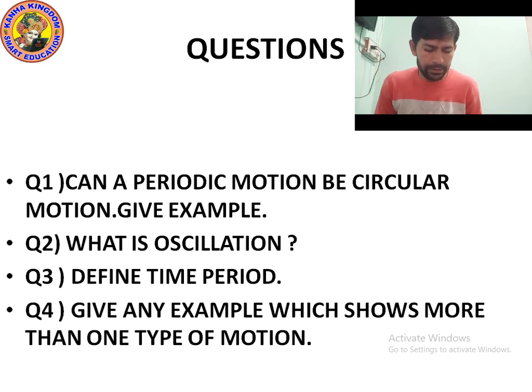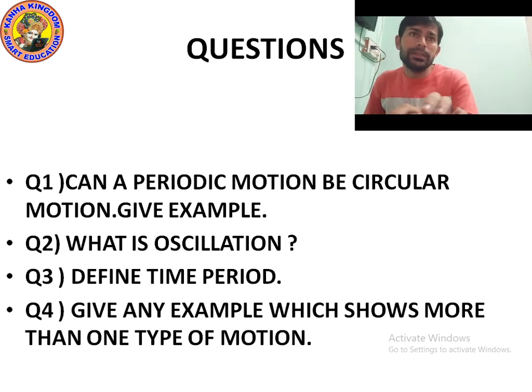Yes, a periodic motion can be circular motion, but circular motion is not always a periodic motion.